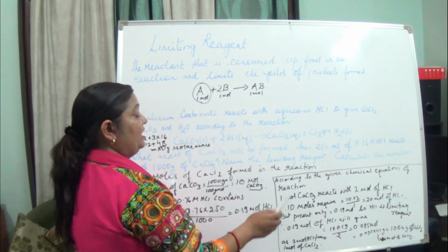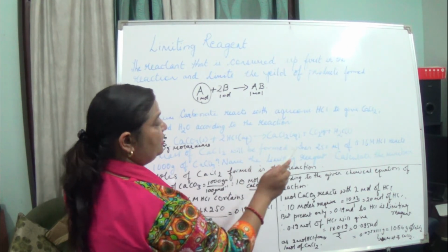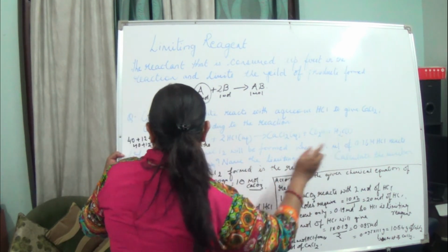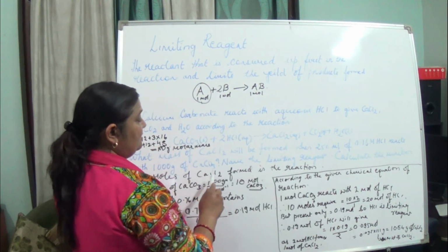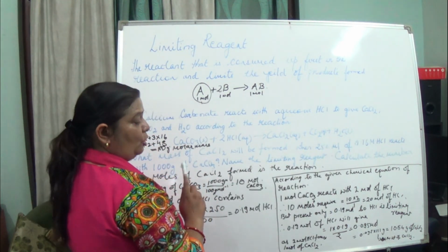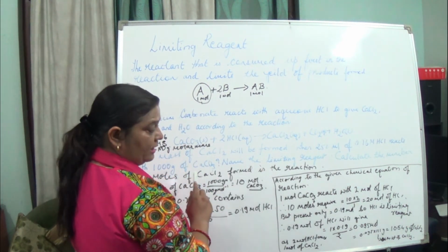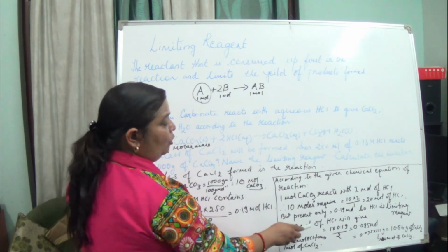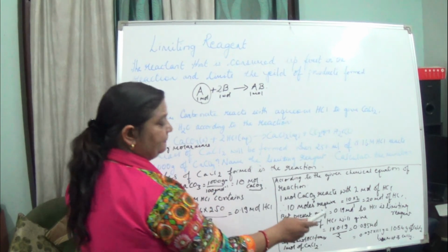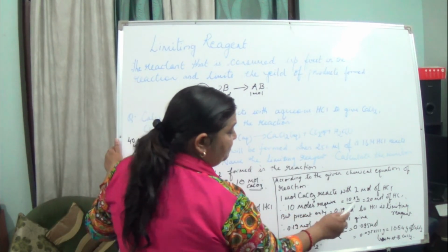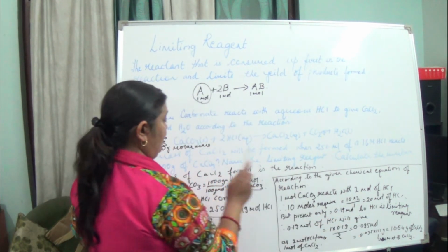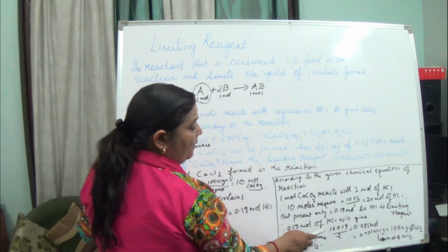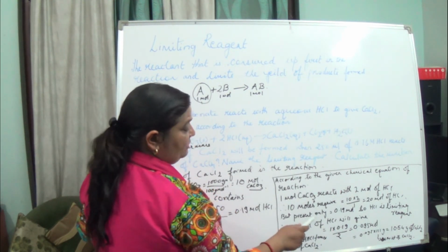Now after finding out the limiting reagent, we have to calculate the number of moles of calcium chloride formed in the reaction. For that, you are seeing that HCl is the limiting reagent, so if it is only 0.19 mole of HCl, how many moles of calcium chloride will this give?